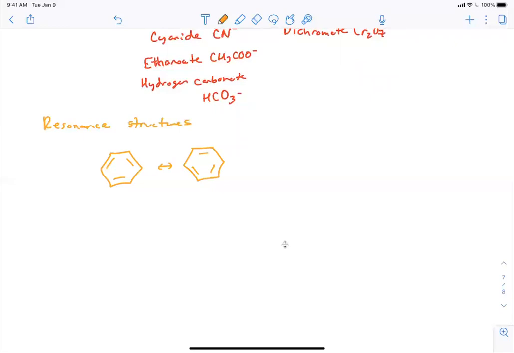Benzene has 3 double bonds that alternate around in a ring to form that structure.